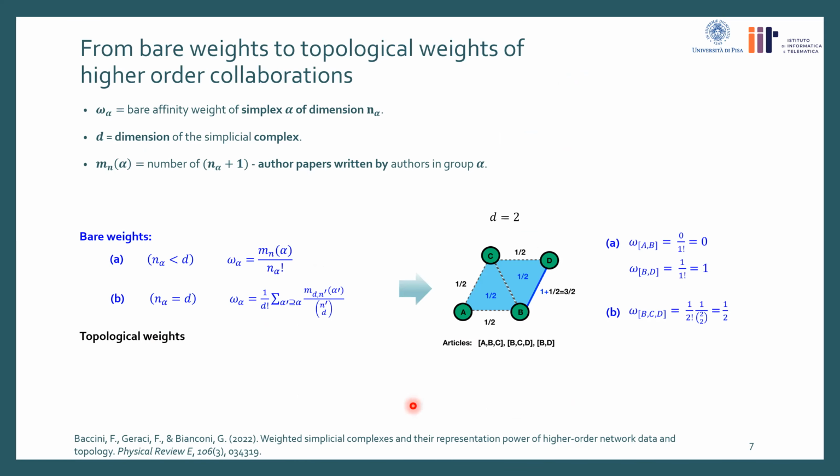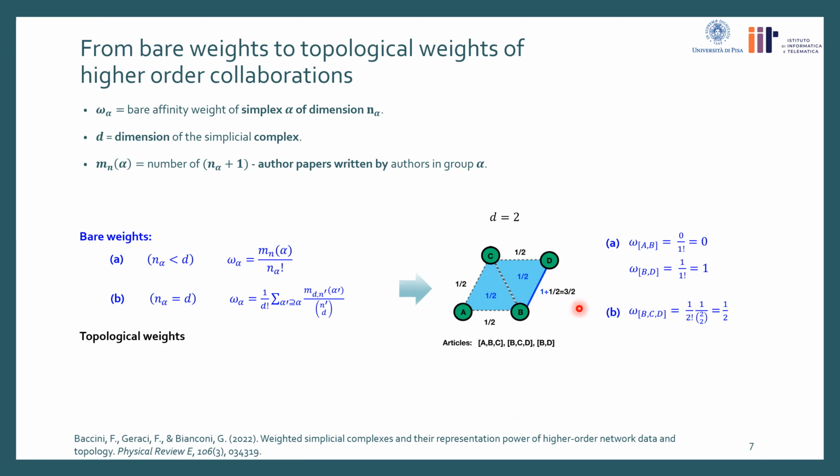And the nice thing, as I was anticipating, is that the resulting topological weights, the ones we compute iteratively, here indicated in black in this example, have the property that the sum of the topological weights of the edges incident to a node is exactly the total number of papers that author contributed to, which is very nice and very interpretable.